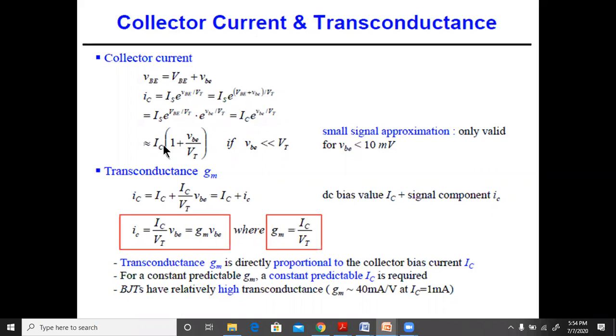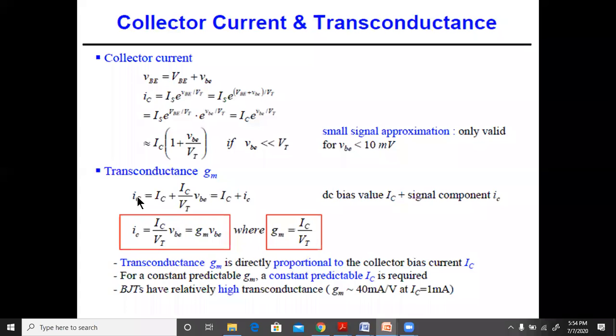So DC plus AC will give us the instantaneous value of the current. Therefore, the DC value of the current over here is what we have written here. This we have separated out over here, right? We have separated it out, and we have written the instantaneous value as the DC value plus the AC value.